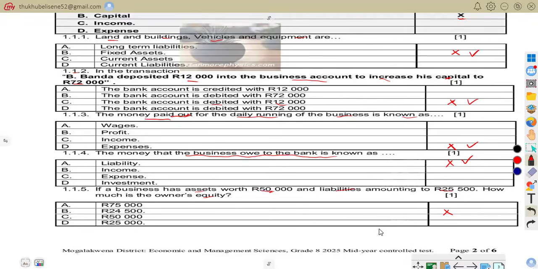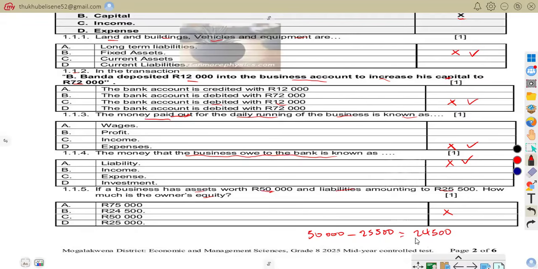So we are going to have a calculation where we say 50,000 minus 25,500. 50,000 minus 25,500 will give us 24,500.